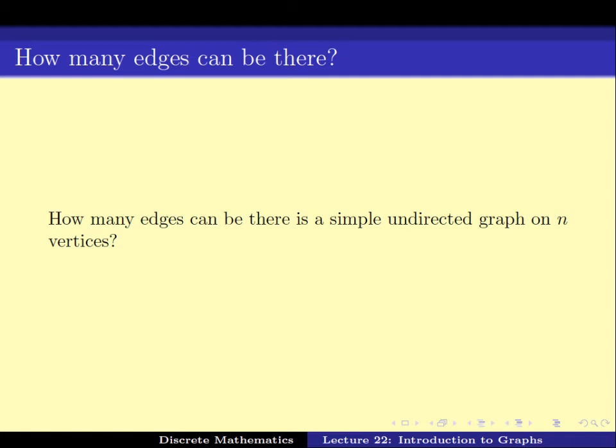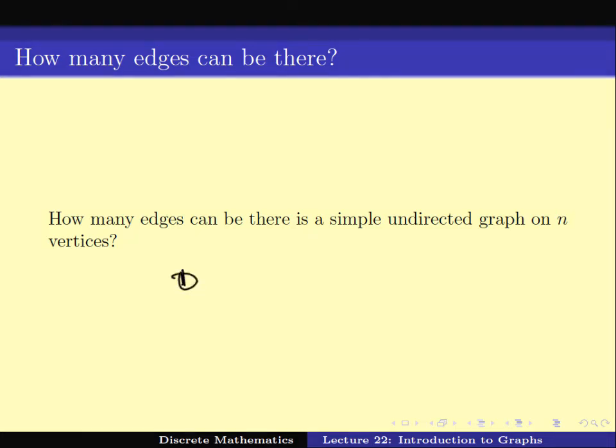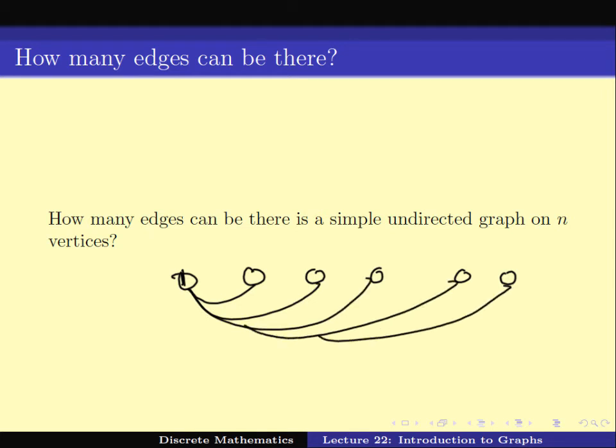Okay, so let's see. If I have n vertices, the first vertex can have edges to all of them, which is n minus 1. Plus, the second vertex already has an edge to the first one, so it can have edges to all the rest, which is n minus 2.